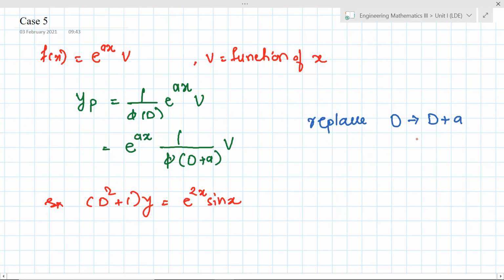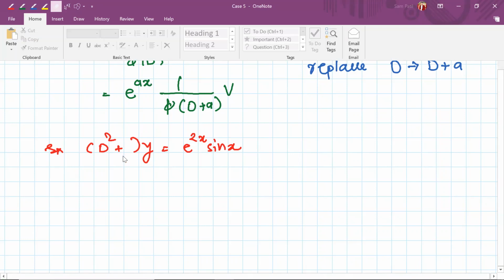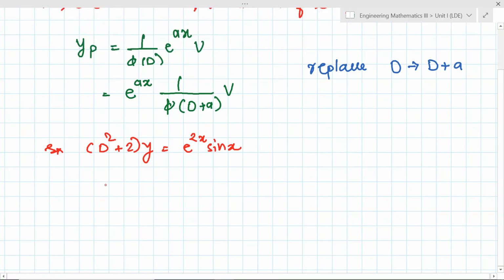Then how do we find the particular integral for this? Suppose here it is D square plus 2, instead of D square plus 1. Now what is y_p? y_p is equal to 1 upon D square plus 2 into e raised to 2x into sin x.